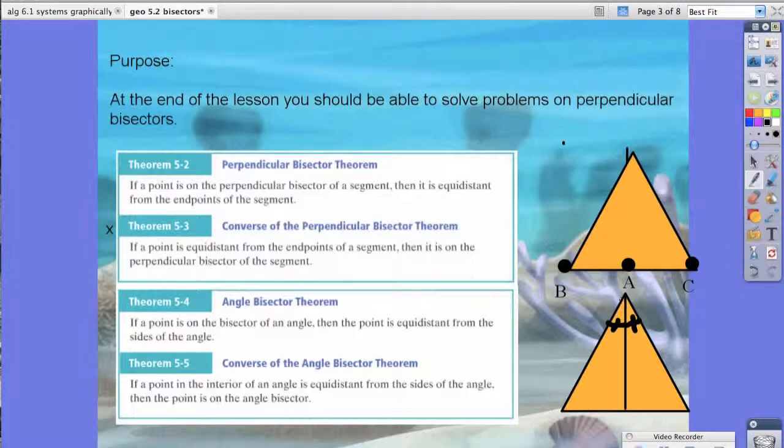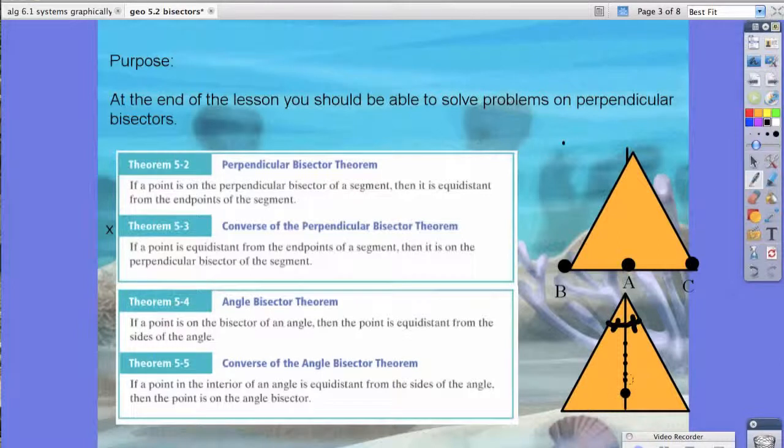So if this is my bisector right here, my angle bisector, it says that if I put any point on this line, so any of these points that I'm putting out, let me make a slightly bigger point.